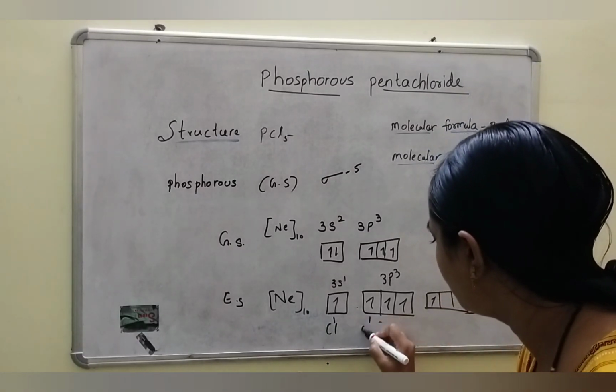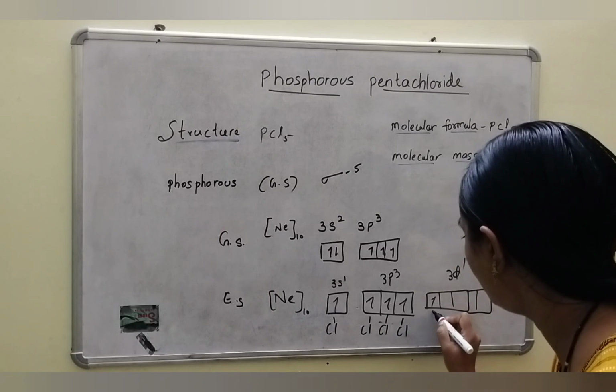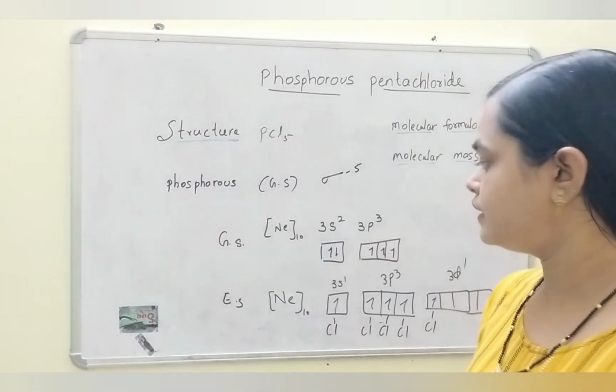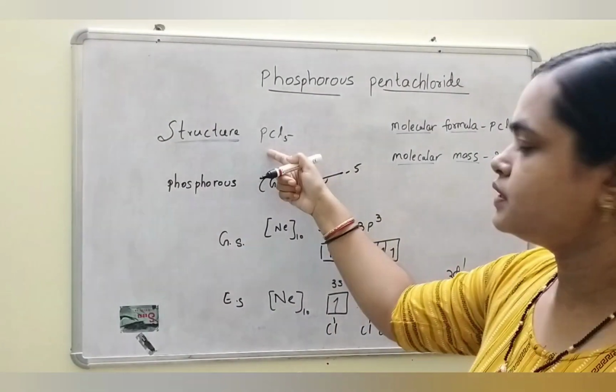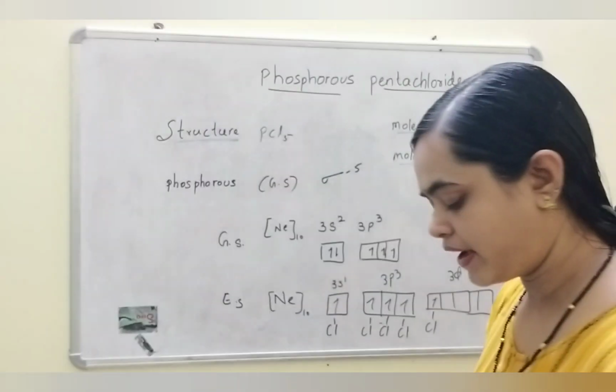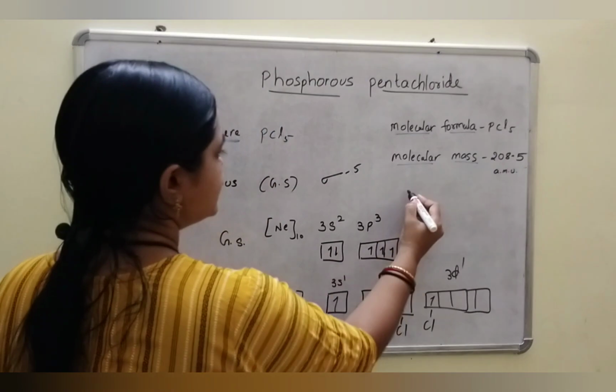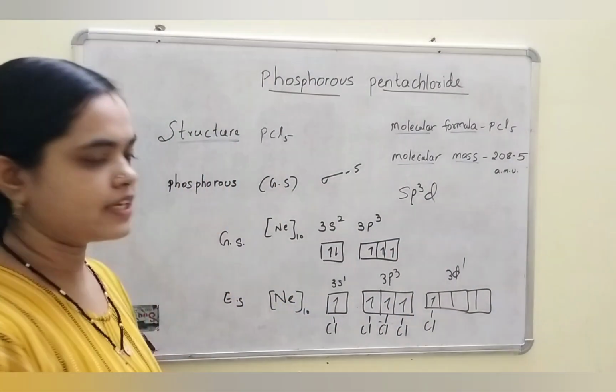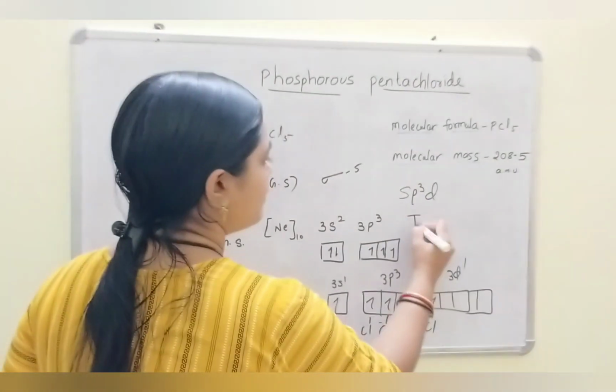Here 1 chlorine, 2, 3, 4, 5. 5 hybrid orbitals combine with 5 chlorines with sigma bond to form the structure PCl5. So here the hybridization is sp3d hybridization and the structure is trigonal bipyramidal.